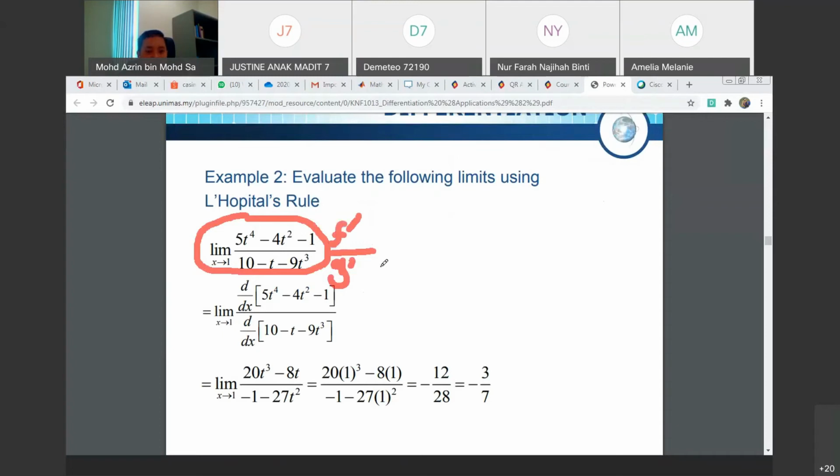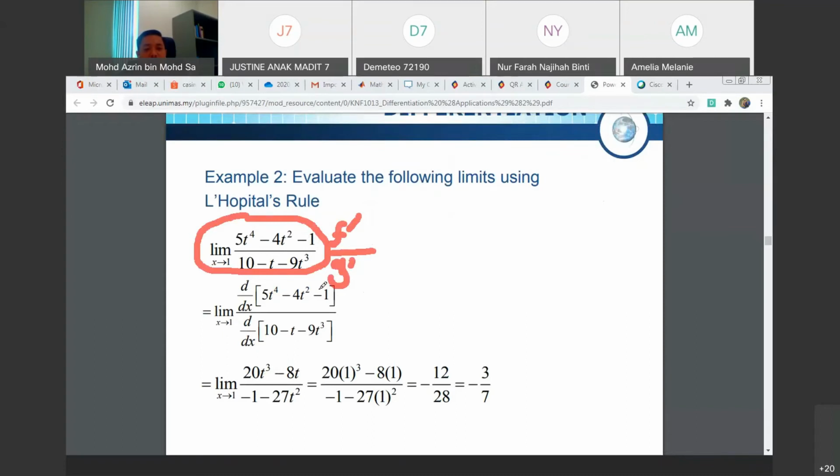Okay. So when you differentiate 5t power of 4 minus 4t squared minus 1, then you will get 20t power of 3 minus 8t. And then when you differentiate this, 10 minus t minus 9t power of 3, you will get negative 1 minus 27t power of 2.